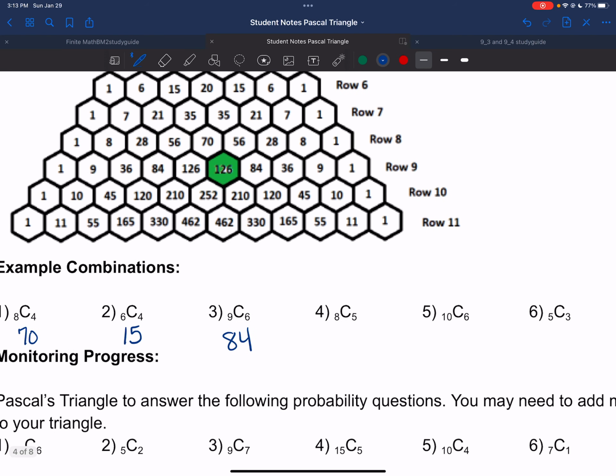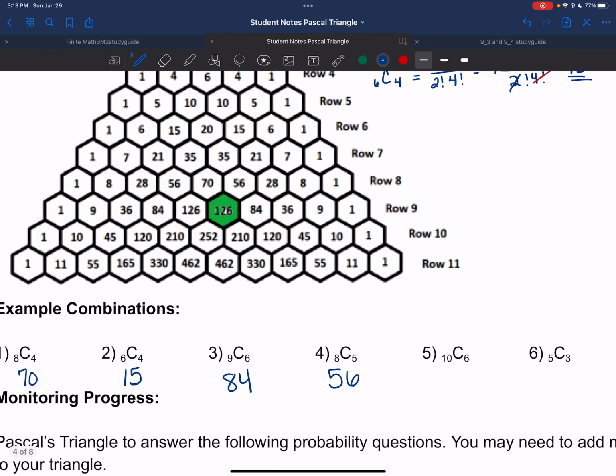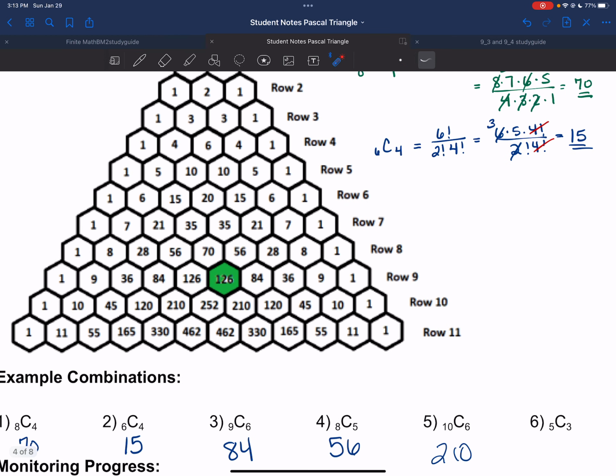And then 8C5. 8, 0, 1, 2, 3, 4, 5 will be 56. 10C6. So row 10 and 1, 2, 3, 4, 5, 6. So 210. And then the last one is 5C3. Row 5, 1, 2, 3. That would be 10.